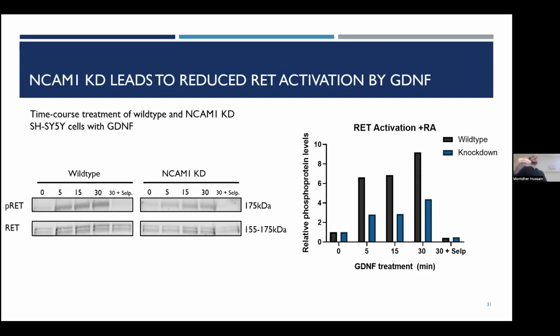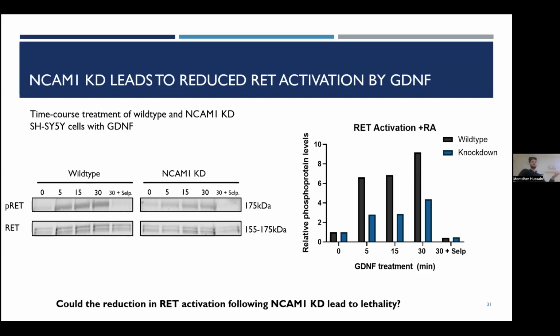However, when we knock down NCAM1, we see a drastic reduction in the amount of RET that's being activated, even when normalized for total protein levels. And so that told us that there's less RET at the surface and there's less of it being activated by GDNF.